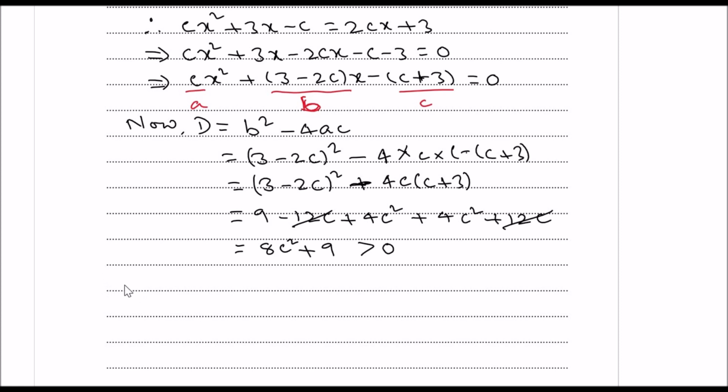Therefore, we know that when D is greater than 0, the line and curve intersect for all values of c.